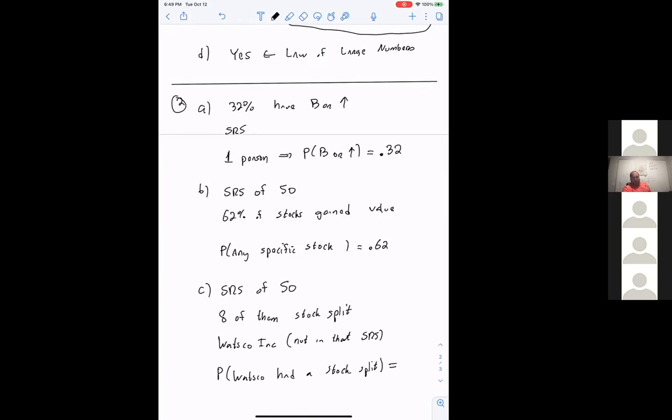So we took an SRS of 50, 8 of them had stock splits. Then I picked some random company, Watsco Incorporated, and I'm curious, what is the probability that it had a stock split? What would the answer be?